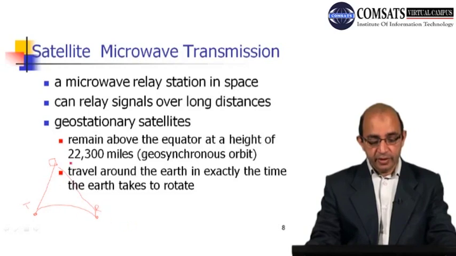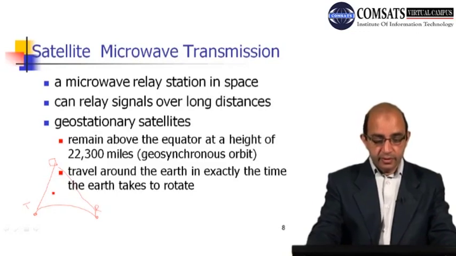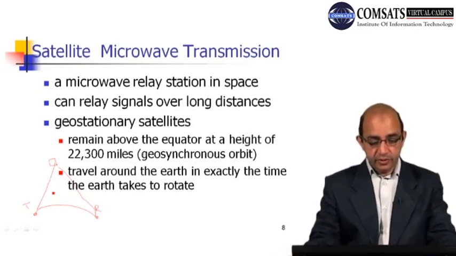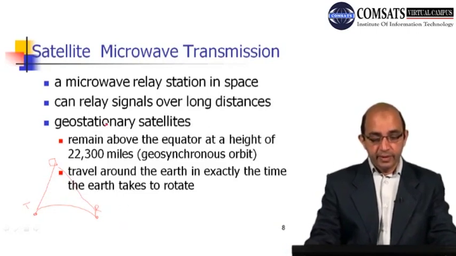From here to here, this will be the transmitter now, and here we have the receiving side, and again the satellite will be repeating. So you can see that the geographic access will be much higher in this way.